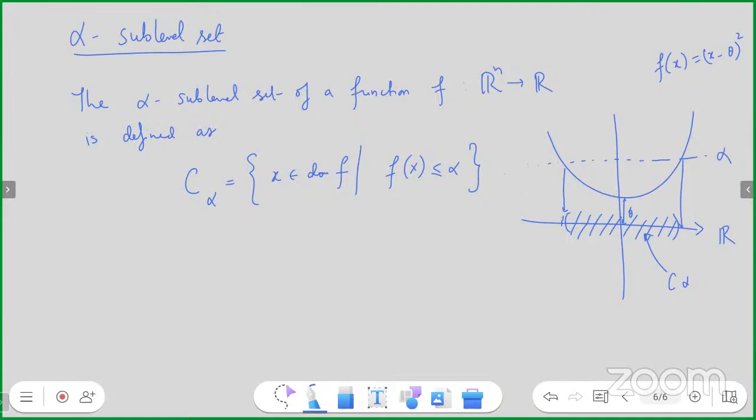What about the converse? If for a function f, C alpha is convex for every alpha, is the function convex is the question. If it was, then it would be an equivalent characterization: a function is convex if and only if alpha sublevel sets are convex.